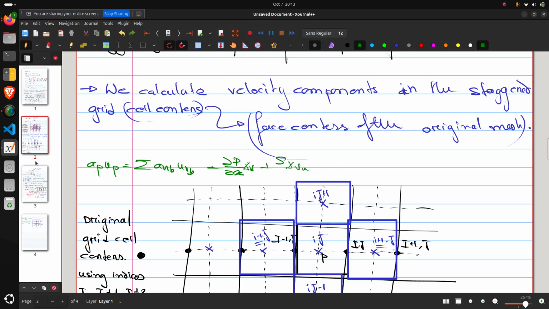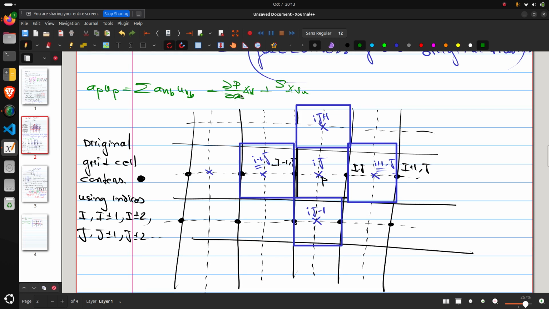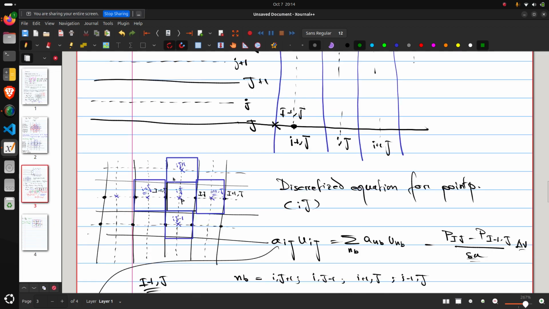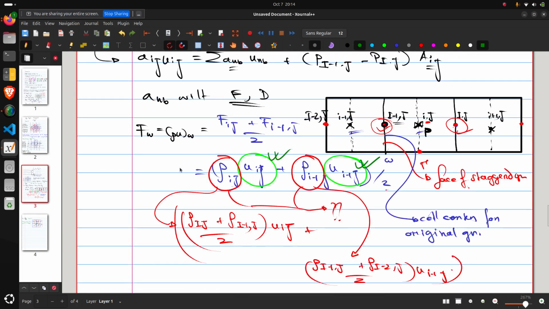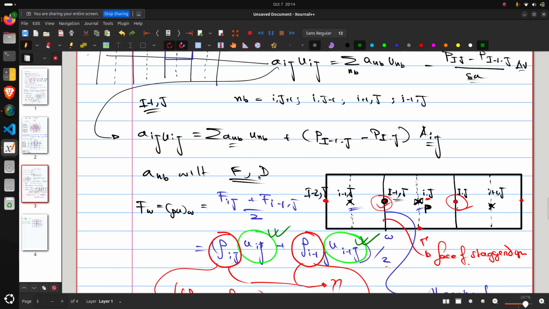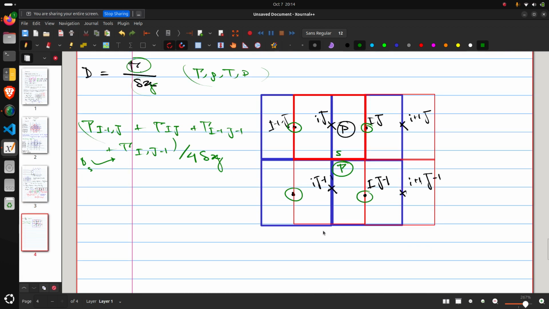Then we finally arrive at aP phi, or aP uP, equal to summation of a_nb u_nb along with the gradient terms. Once we have this form we can easily solve it, right? It's quite easy to solve, but the question is how to get the a and b values, because they will contain F and D, that is the convective fluxes as well as the diffusive fluxes. So in this part we saw how the convective and diffusive fluxes are computed, and I think up to this everyone is clear.